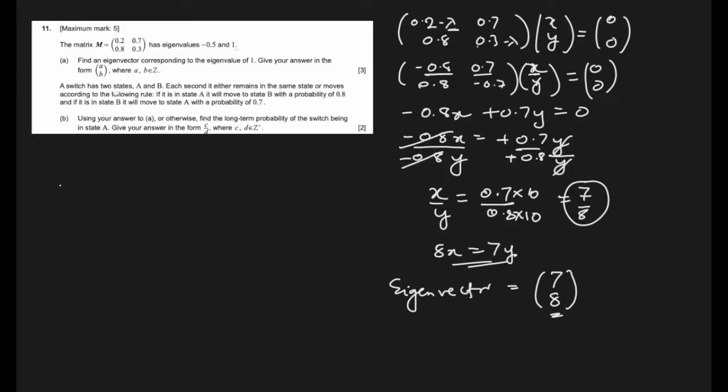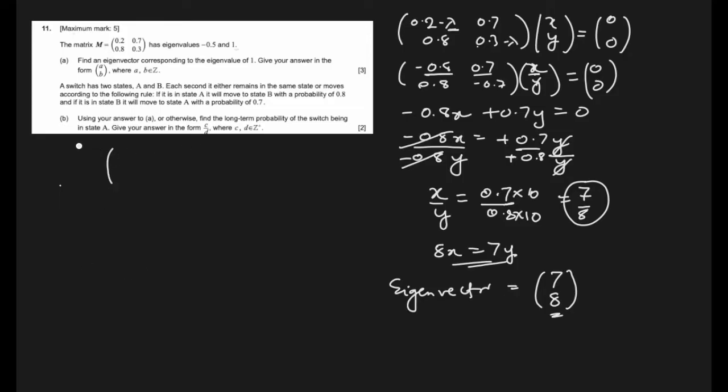A switch has two states, A and B. Each second it either remains in the same state or moves according to the following rule. If it is in state A, let me write probability.